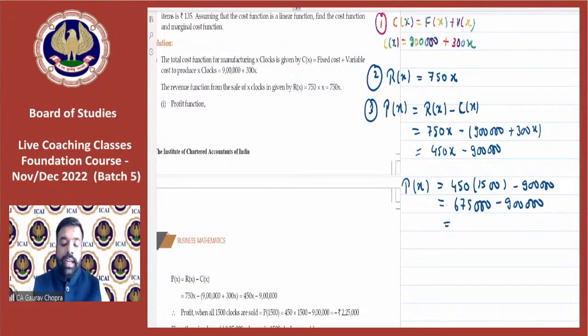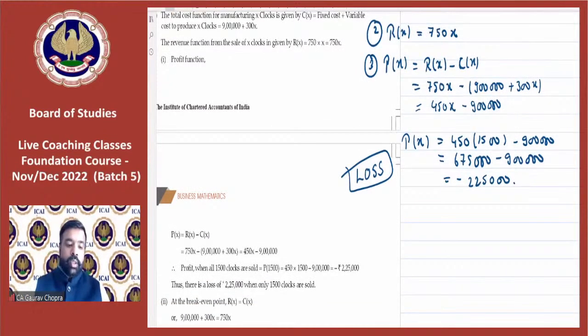So we are getting a negative figure. That means there will be a loss of rupees 2,25,000. So the company is having a loss in its first month, that is of rupees 2,25,000. This was the first question.